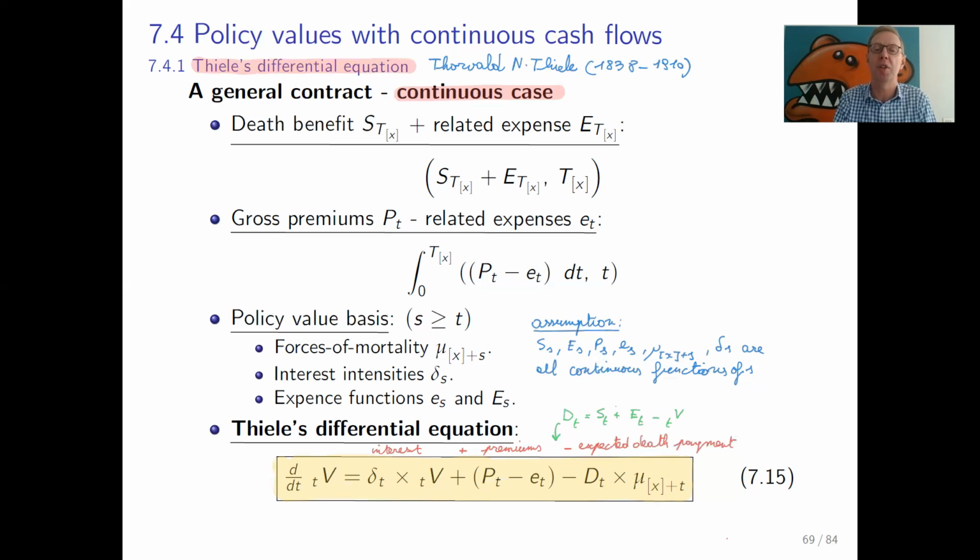But for the persons who die, we do not need V t plus dt at time t plus dt, but we have to pay them S t plus e t. So that's in fact the cost of this extra payment to the persons who are going to die. That's Thiele's differential equation.